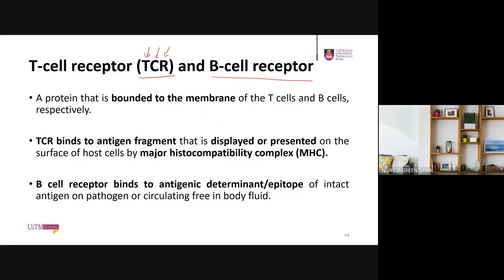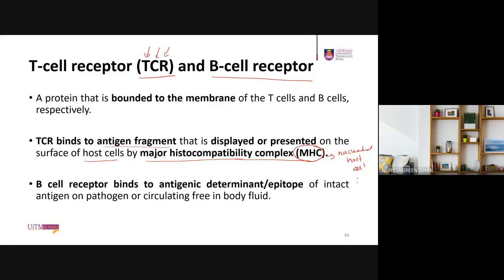So the TCR binds to the antigen fragments that is displayed or presented on the surface of the host cell by major histocompatibility complex ataupun short form as MHC. MHC ni sebenarnya dia adalah sejenis protein yang dihasilkan oleh nucleated host cell.